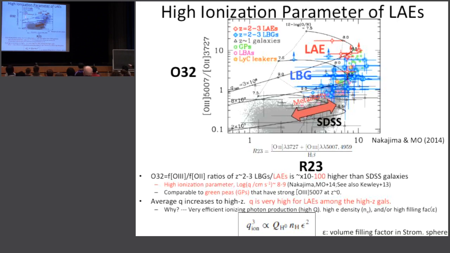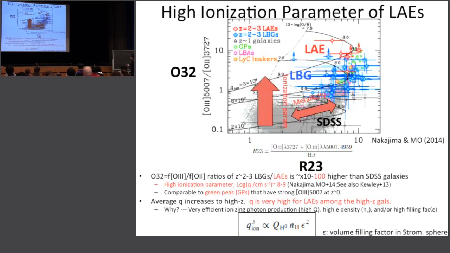If you increase the ionization parameter by about an order of magnitude this way, this line can explain the Lyman-alpha emitters. In other words, if you believe the photoionization model, the ionization parameter of the Lyman-alpha emitters is about an order of magnitude higher than that of Sloan Digital Sky Survey galaxies.